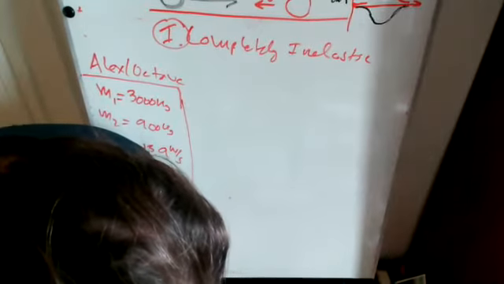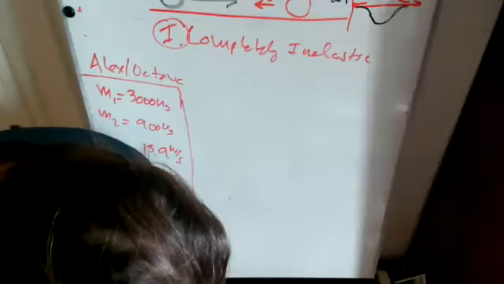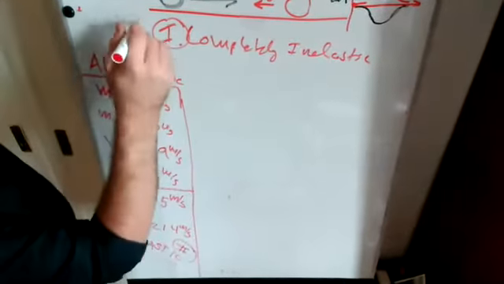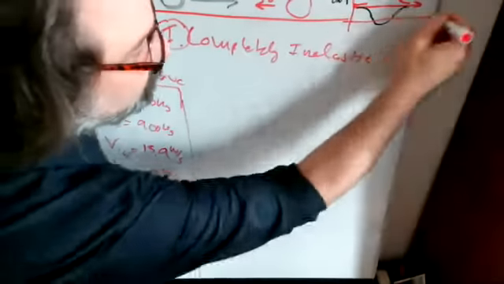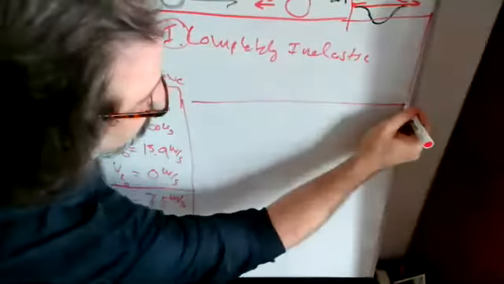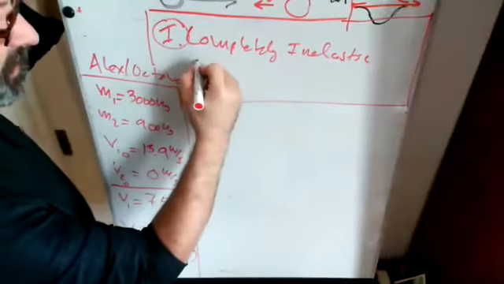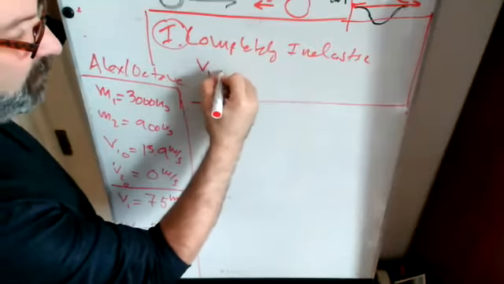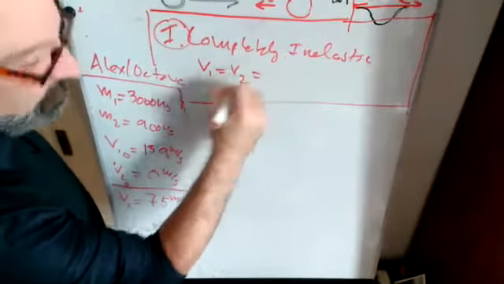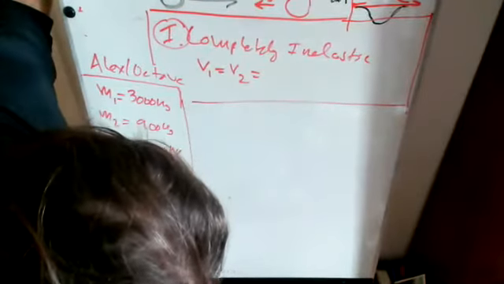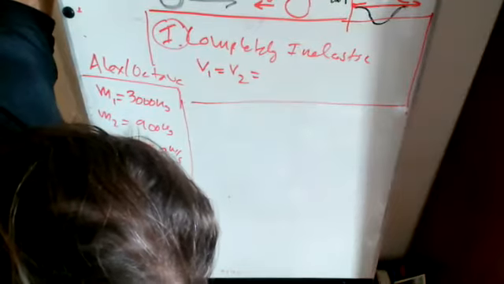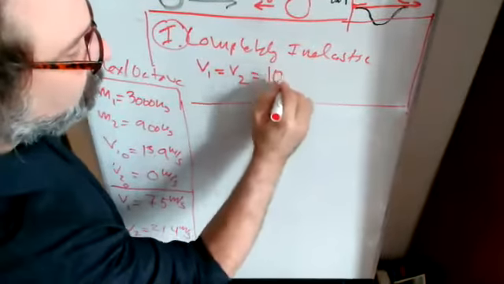Okay, so let's take a look at what we have there. So yesterday, we had kilometers per hour. Here we go, 13.9, and then it was 10.7. So here, for completely inelastic, here are our results. We had V1 equals V2 equals 10.7 meters per second.